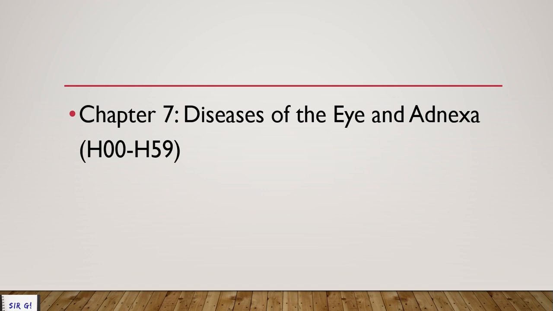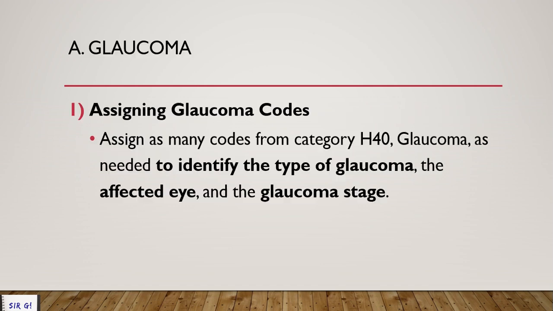Hello, I'm back. So I'll be discussing chapter 7, diseases of the eye and adnexa. Okay, the first guideline here is glaucoma. So, assigning glaucoma codes. This is a very important guideline in your chapter 7.